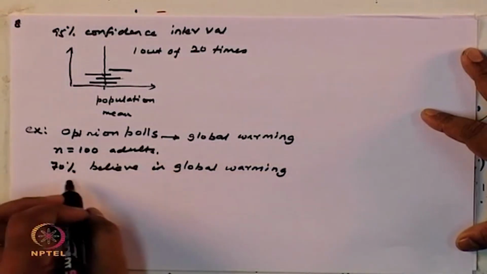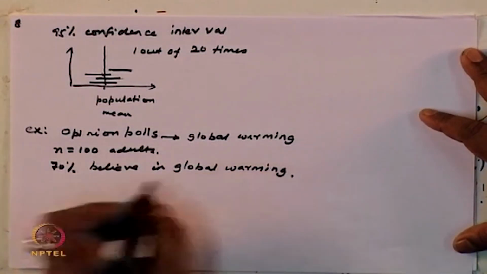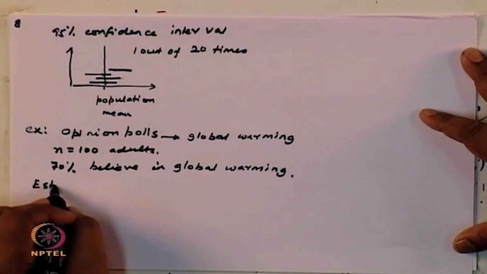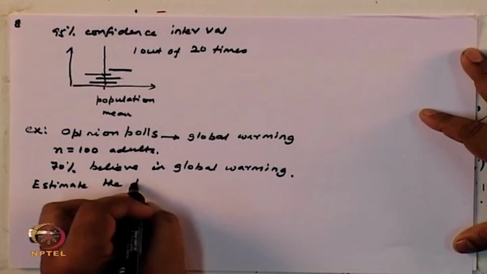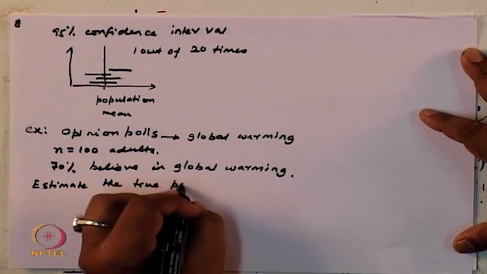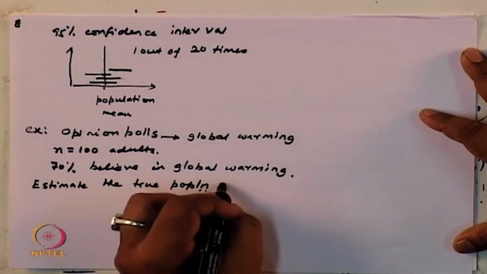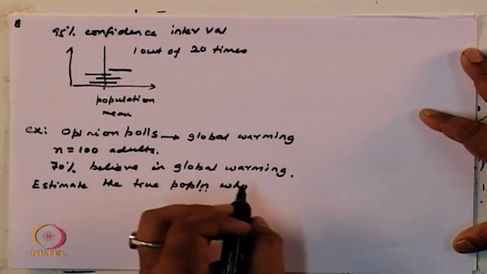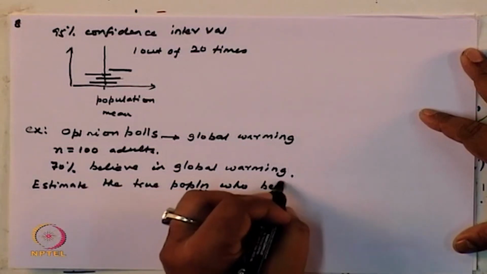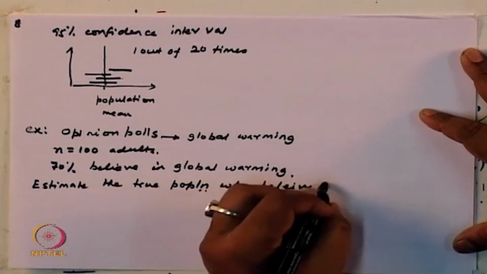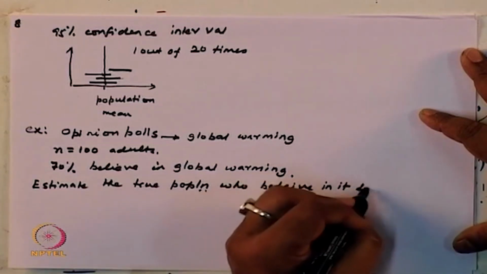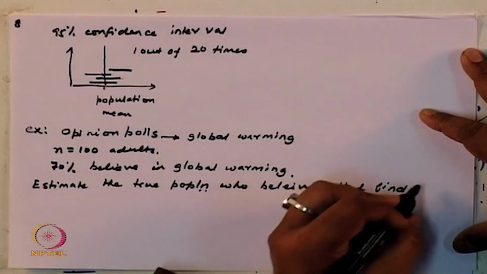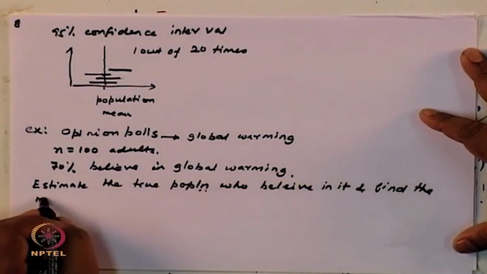We want to estimate the true population proportion who believe in it, and we want to find the margin of error.